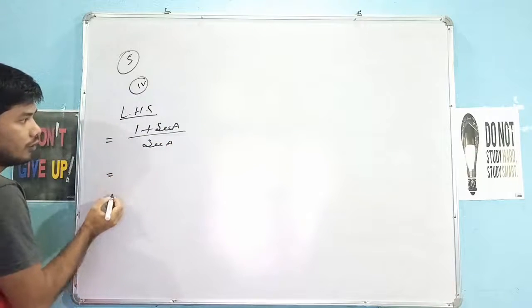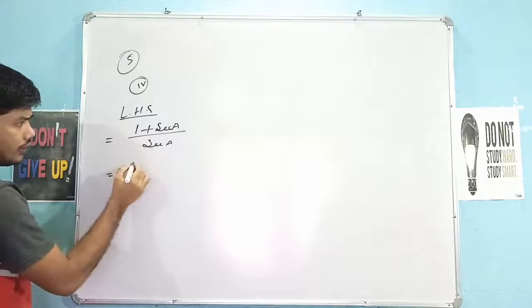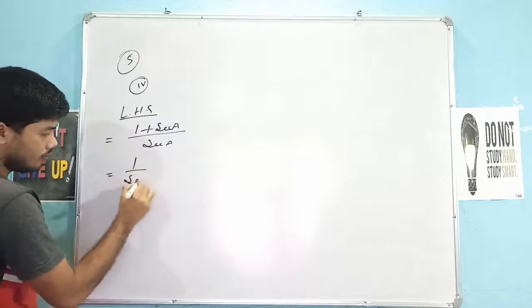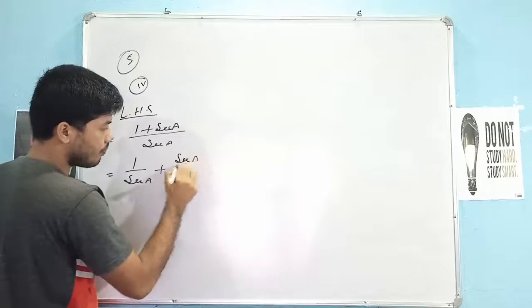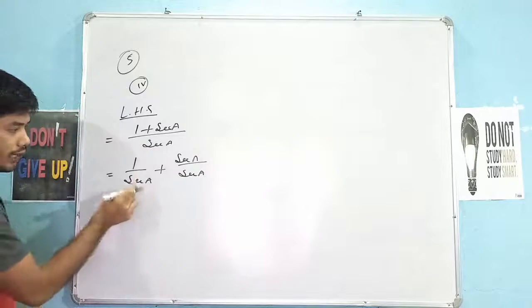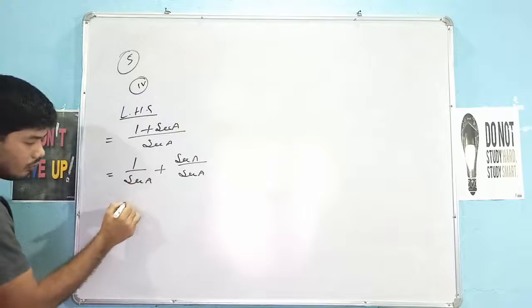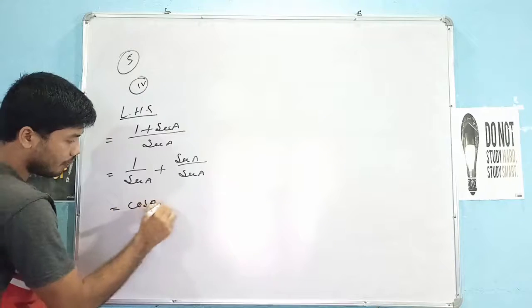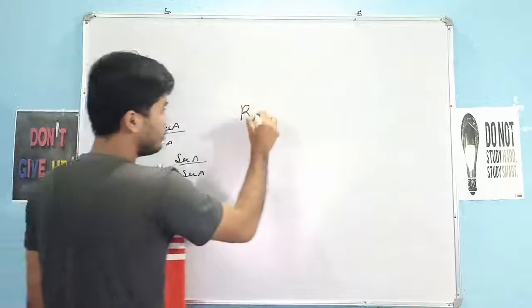So 1 by sec a is cos a, plus sec a by sec a is 1. Awesome. Okay, right hand side too.